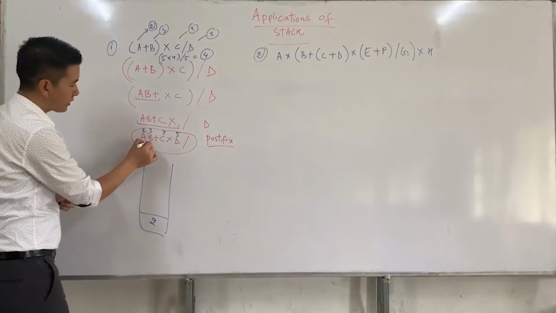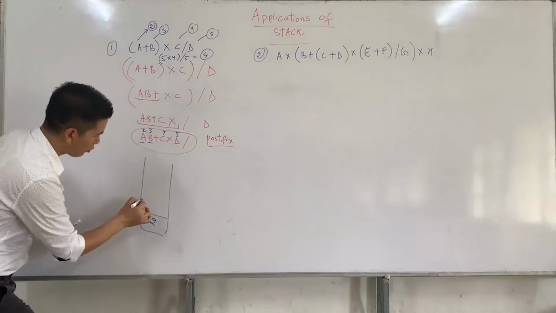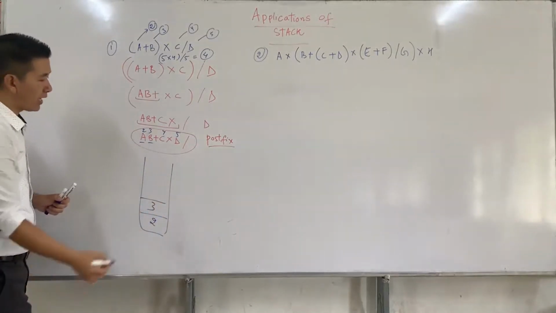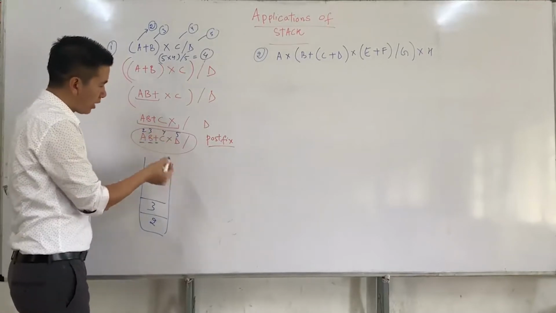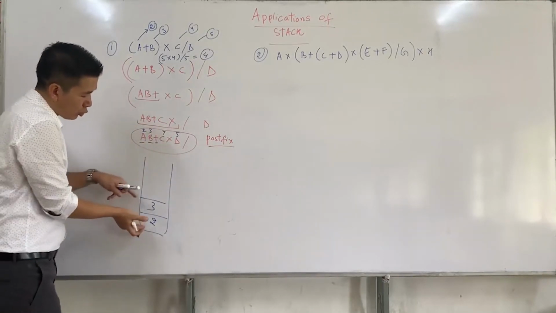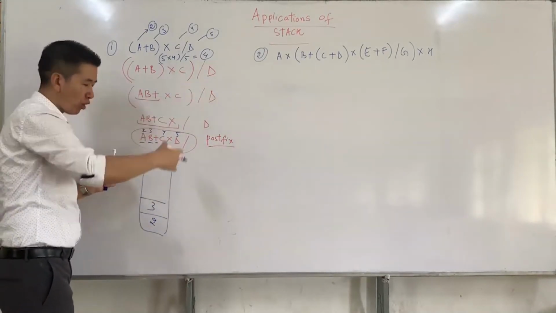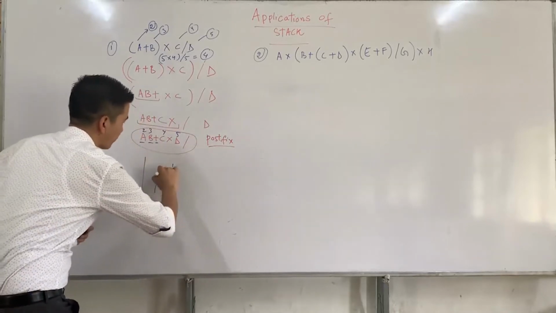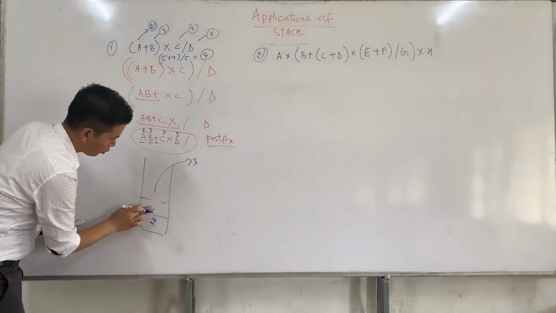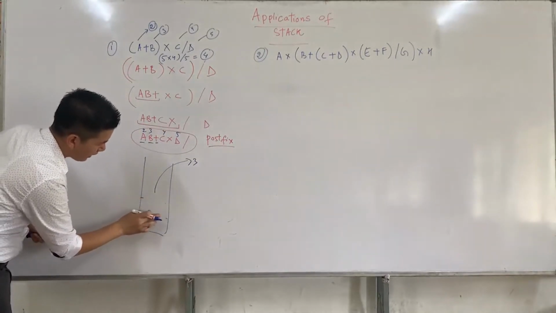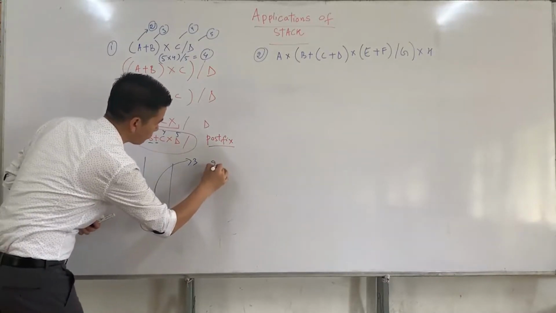And then next comes B. The value of B is 3. Since it's an operand, 3 will again be pushed. And then comes the operator. When the next character is the operator, the two latest operands on the stack will be popped off. They will be popped off like this. Okay, 3 and then 2 will be popped.